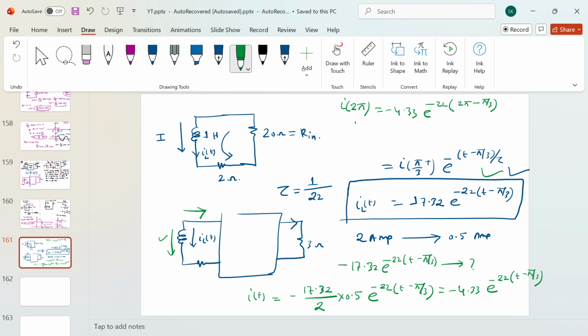A very small value is coming: minus 4.067 into 10 to the power minus 50 ampere.